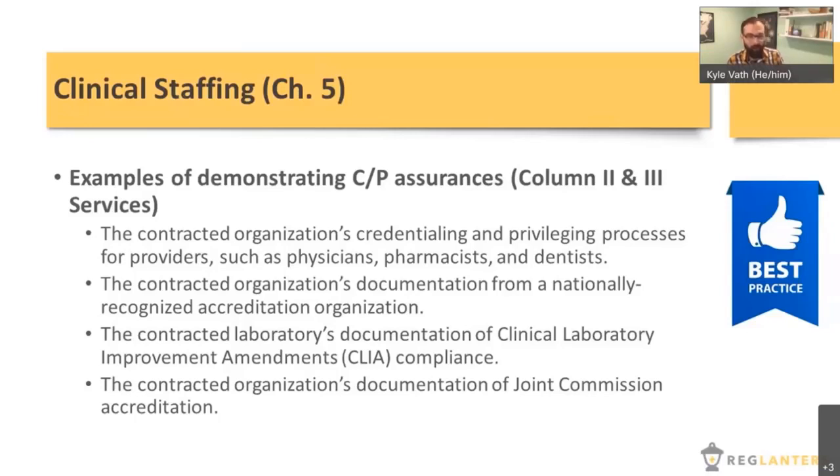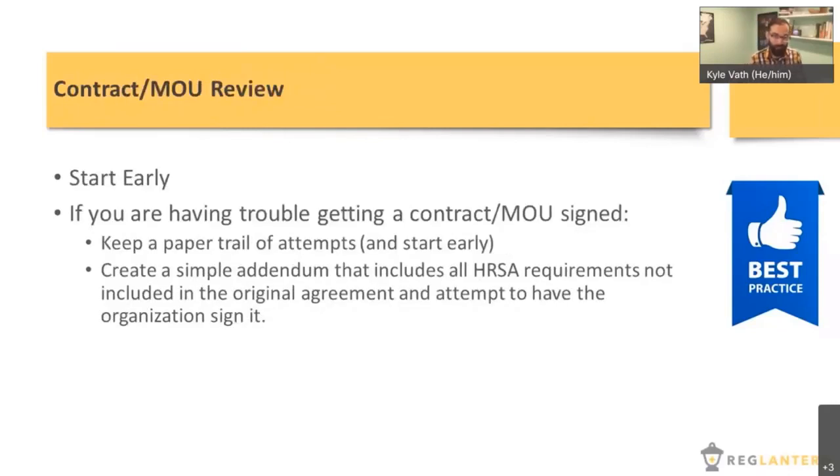There was a little bit of ambiguity in this before, and now HRSA has provided some actual examples of how you can provide these assurances. So this is a great thing. It opens up a lot of opportunities when you're looking at your Form 5A, column 2 and column 3. So I won't read through all of these, but you can see that it's a lot of different pieces of documentation, whether it's CLIA compliance or their policy or accredited by some organization. There are lots of different ways to identify that they are credentialing and privileging their providers and their staff. So really pay attention to that.